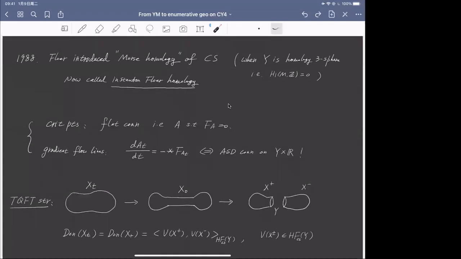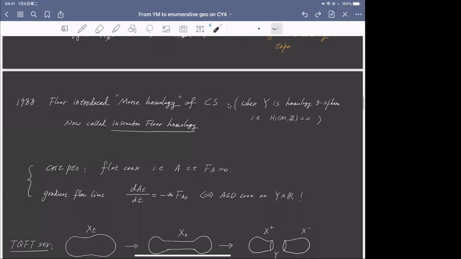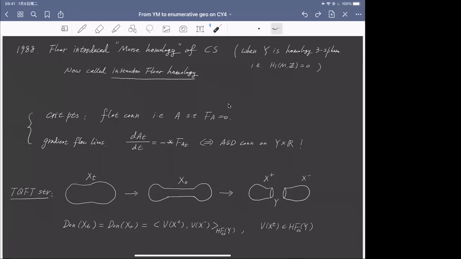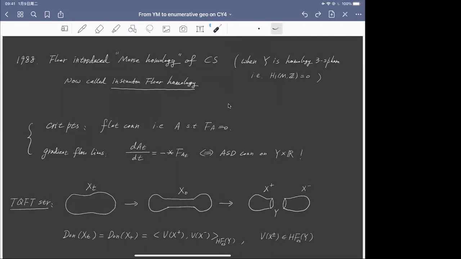Okay, so then finally, before I move to the complexification, I want to mention something called the TQFT structures underlying this three dimension and the four dimensions.